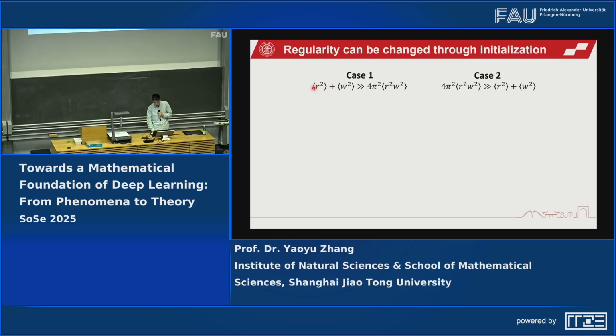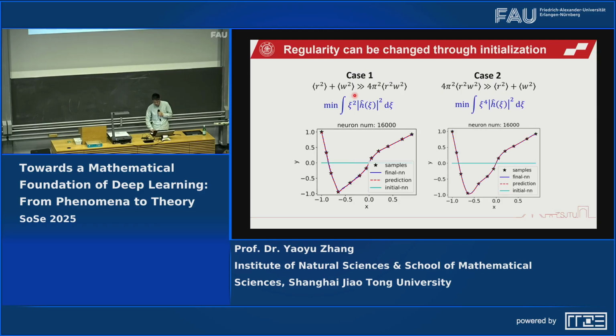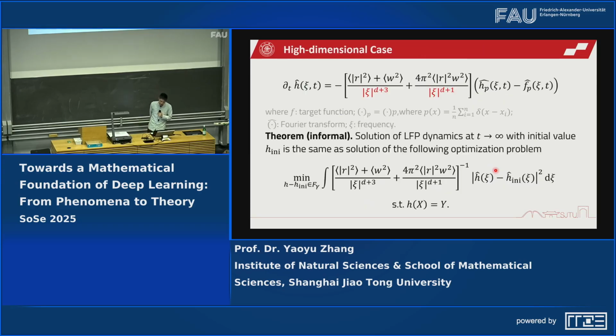Just by tuning the scale of these initial parameters, we can tune the network to a regime where it works like a linear spline, or to a regime where it works like a cubic spline. In this limited setup, you have full control of how the neural network learns different kinds of interpolations. That's something good about these simple dynamics.